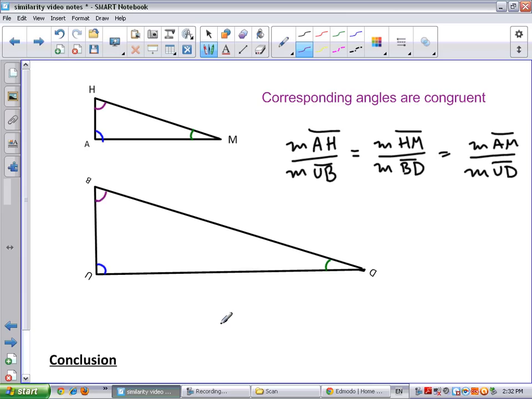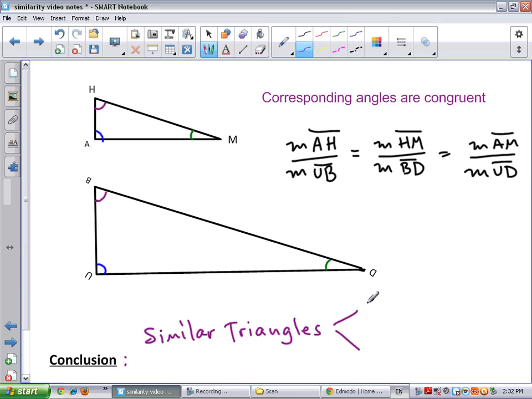So really, the conclusion that we hoped you would reach, there were two parts to the conclusion, but basically that similar triangles have two very important characteristics.